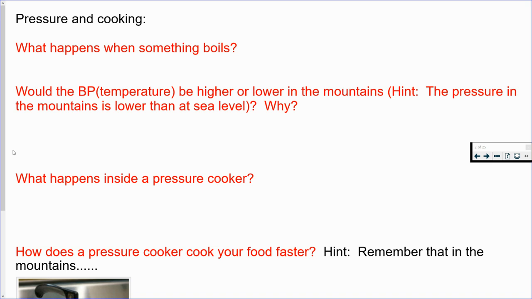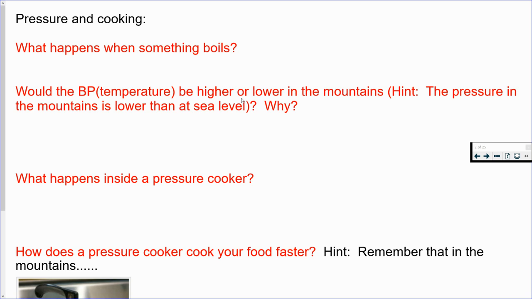So how do you combat that when it comes to cooking? Because pressure affects what we're cooking quite often. So, how does something boil?